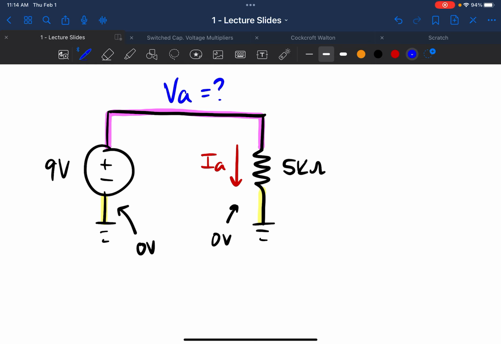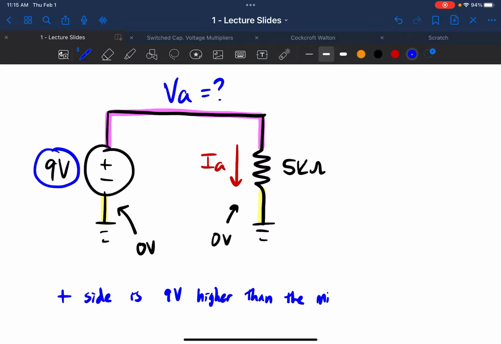We know that the yellow nets are 0 volts, and we also know that the voltage rating of my battery is 9 volts. That rating tells me that the plus side is 9 volts higher than the minus side.